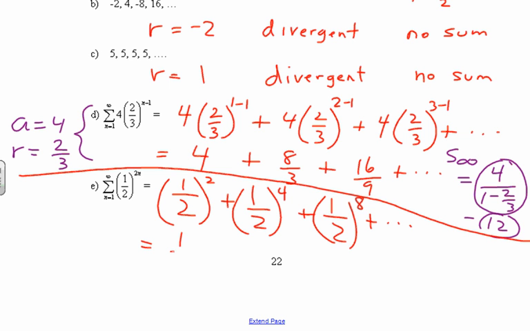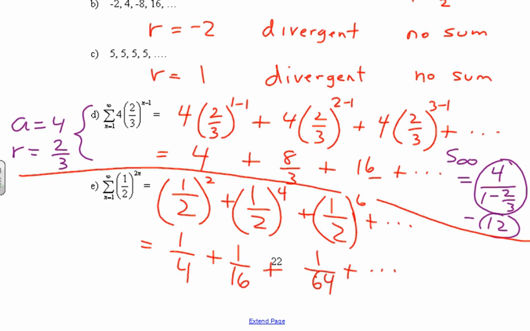Simplifying our terms, 1/4, 1/16, sorry, was that 8th power? Yeah, 6th power, sorry. Mistake again. Making mistakes today. Stupid mistakes. All right, so 1/16, 1/64, and so on. Okay.